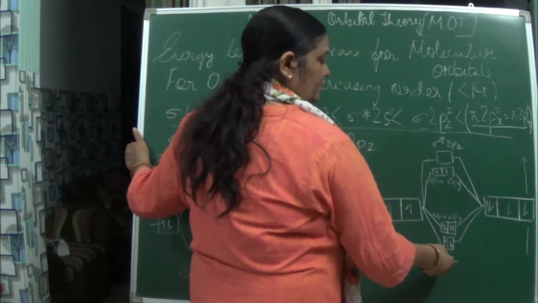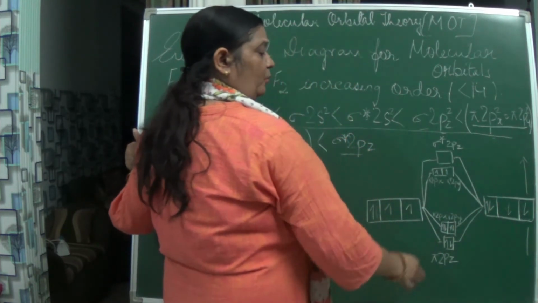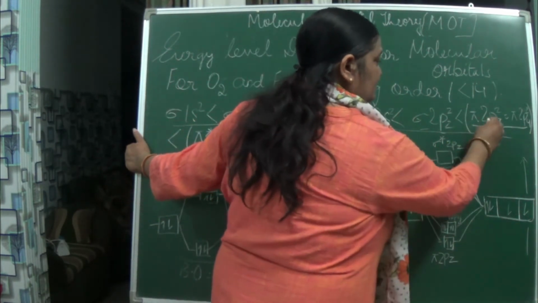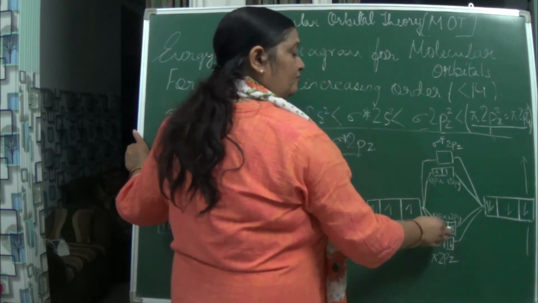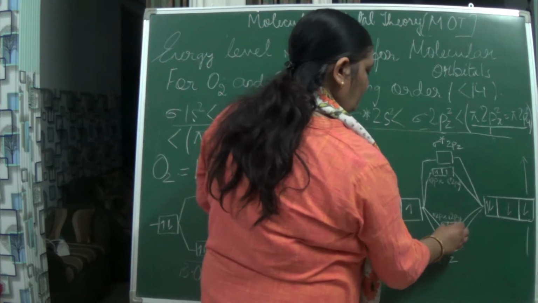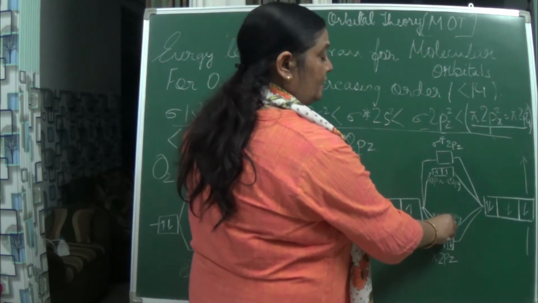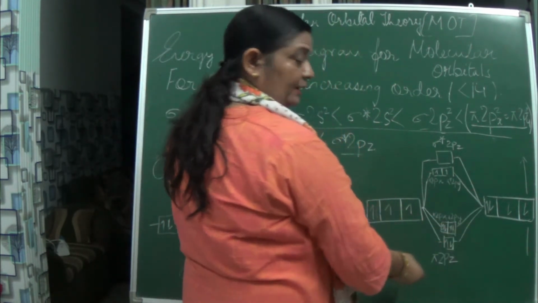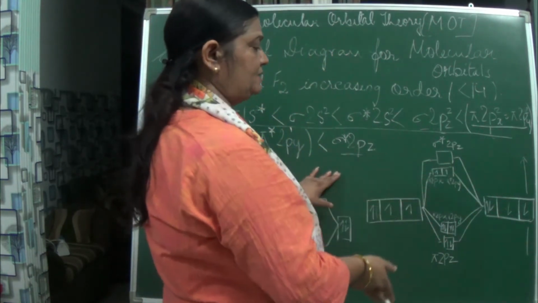This one, so it fills first with 2pz, the bonding orbital, and then px and py. You fill one in x and then another in y, and then again come back to x and then y, because you have to fill according to Hund's rule. First it is singly filled and then pairing takes place.